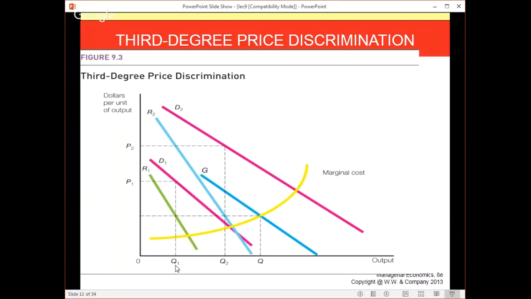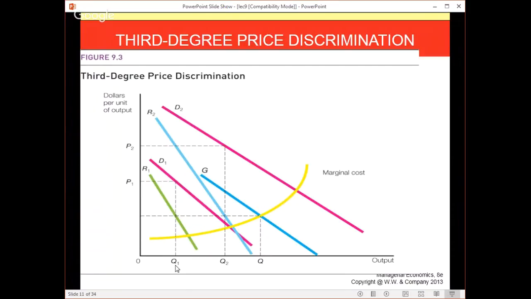At that level, the quantity where that equals the individual marginal revenues is the quantity that I sell to the two groups, and then I let the price be determined by the demand curve. I'll end up charging a little higher price and a little lower quantity to group one, and a little lower price with a little more quantity to group two, than I would if I priced them separately, where each group's marginal revenue equals marginal cost.